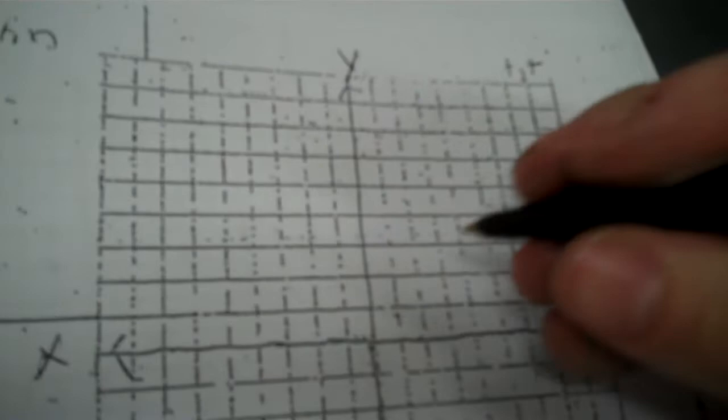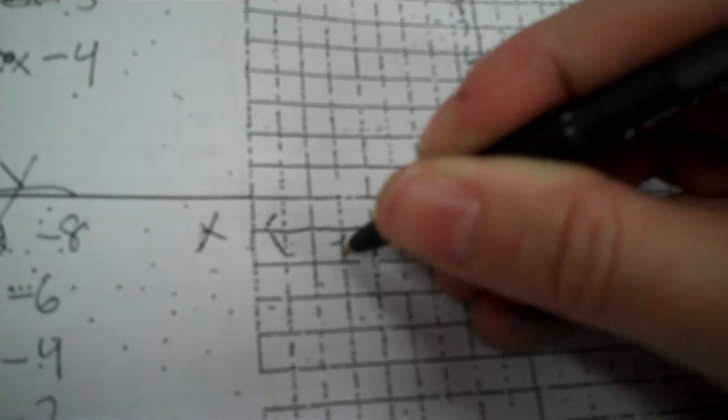So you've got positive, positive, because you've got 0 and then 1, 2, 3, 4, 5, 6, 7, 8, 9 on the lines. And positive here because 1, 2, 3, 4, 5, 6, 7, 8, 9. Over here you've got negative, positive, because you're going negative for x.